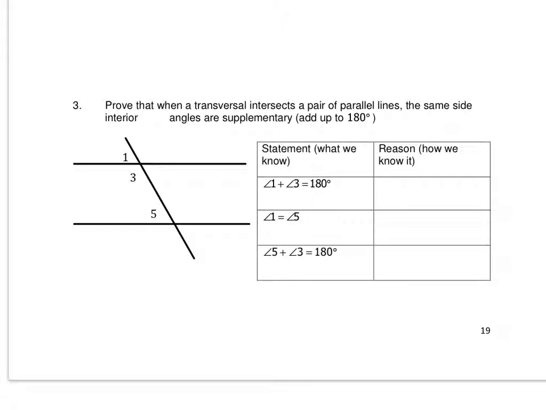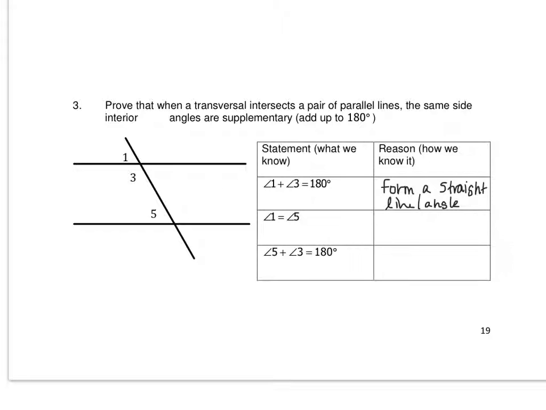So the first thing they've got there is that, well, what can we prove is 180 degrees? And we can prove that angle 1 plus angle 3 is 180 because they form a straight line or a straight angle. Straight line or straight angle, whichever one, because the straight line or straight angle has a measure of 180 degrees.